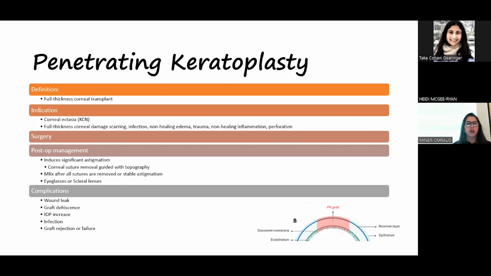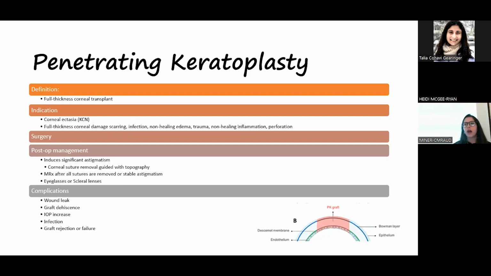I'm going to show later what the surgery looks like, but for postoperative management, which most of you help us with, PKs do induce a very high astigmatism in the cornea, just because we have to suture that tissue into the patient's cornea.